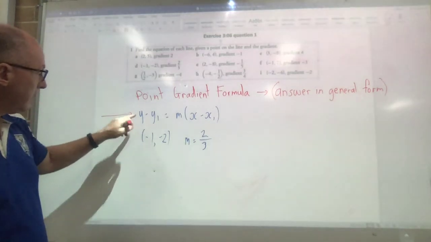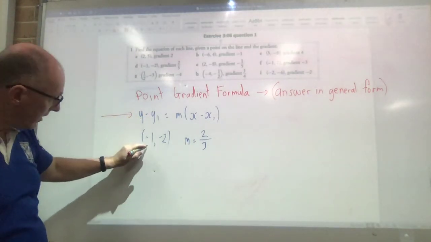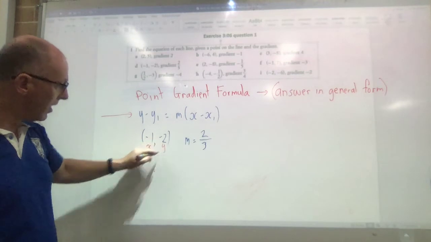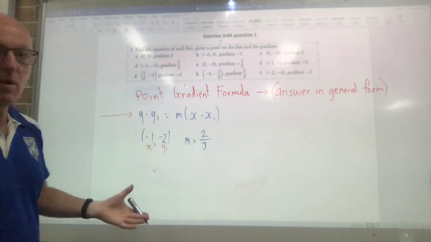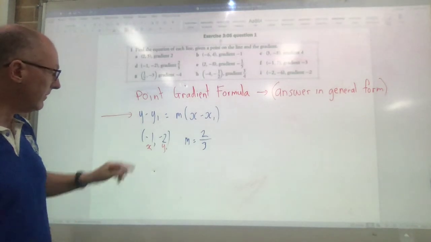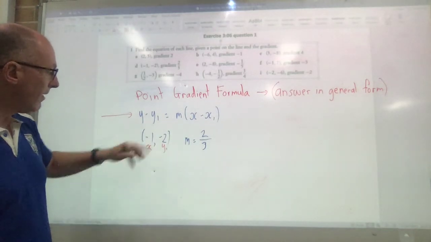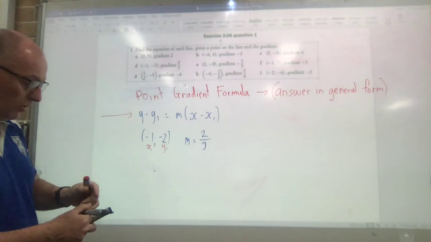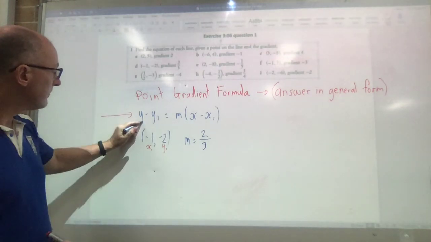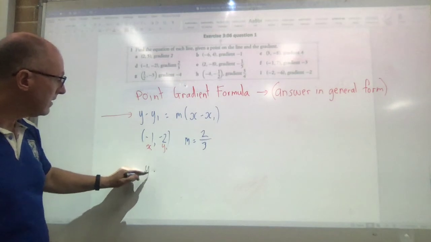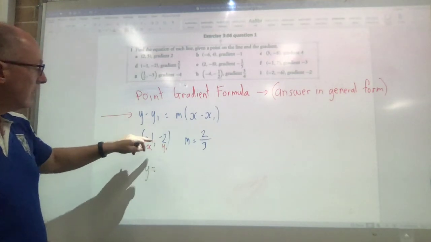Let's put it in. So the formula is y minus y1. Let's remind ourselves, this is x, this is y. Well, if you want to put x1, y1, there is no x2, y2 in this formula. But anyway, that's your x1, y1. So let's write out the formula. I'll use black this time. So we've got y minus minus 2.